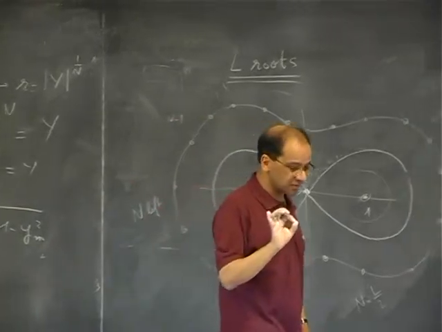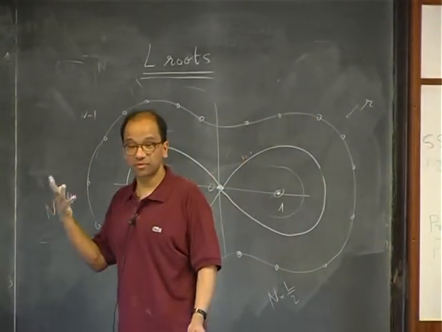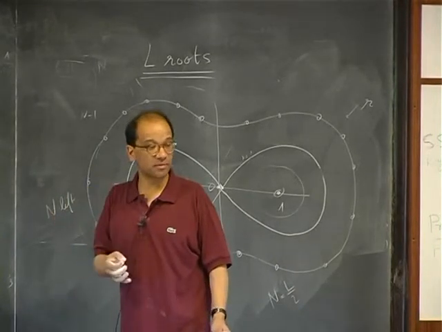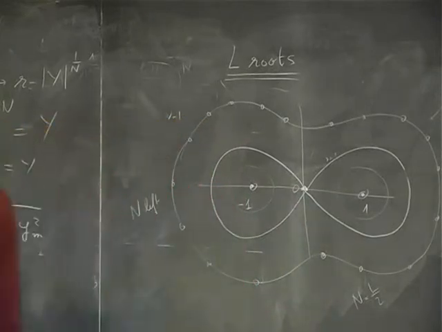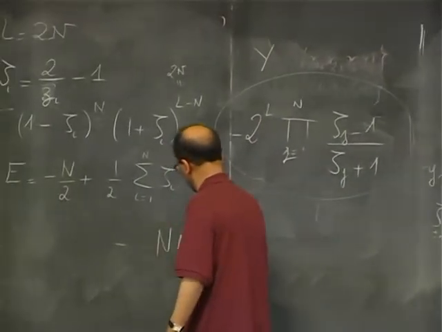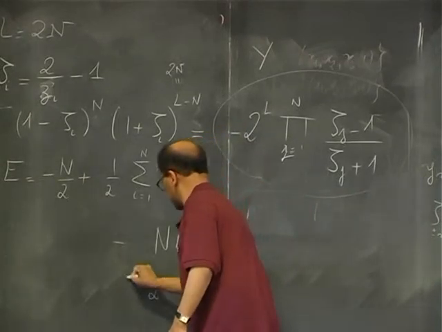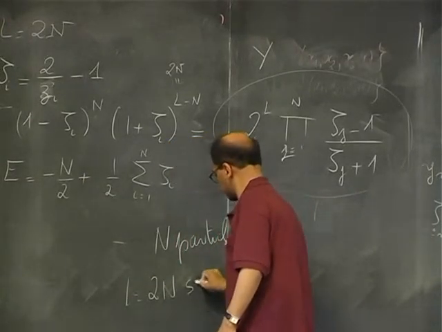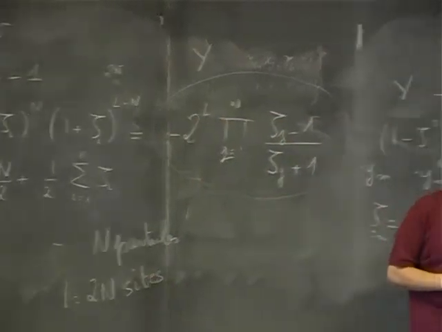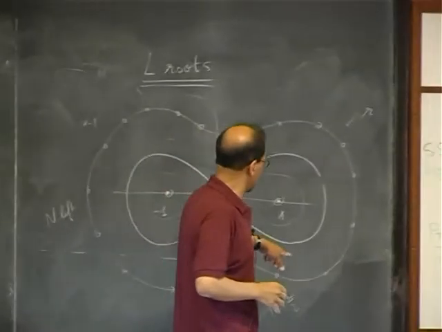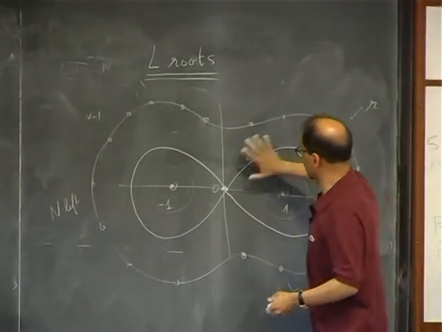But now here comes the little tricky point. I don't need to have L roots. I need only n of them, half of them, because I have n particles on 2n sites. So among these 2n roots, forget what's happening inside.